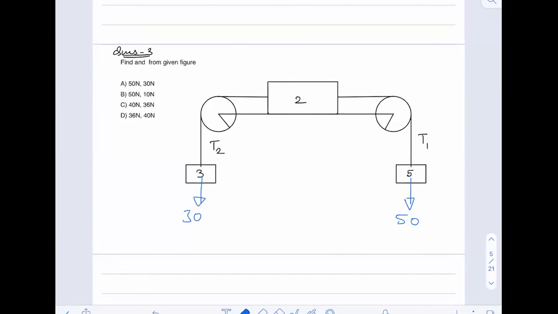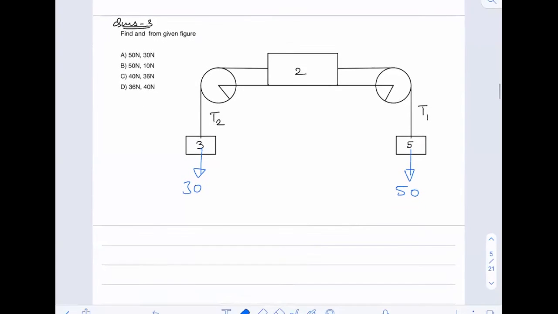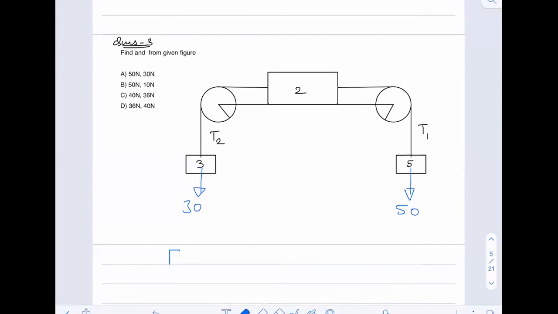Now, if you see this system, the net force on this system is 20 Newton. The total mass in the system is 10 and acceleration is A. From here, the acceleration value is 2 meters per second square.